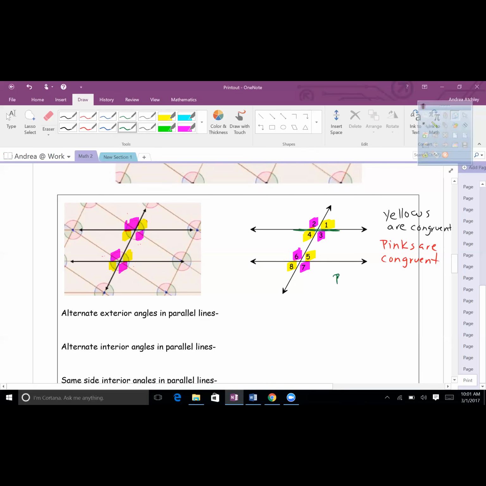So pink and yellow are supplementary. That means they equal 180. Because they form that linear pair, that straight line. Any questions over that?